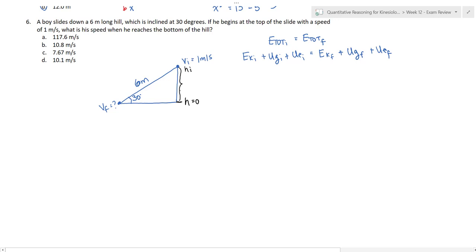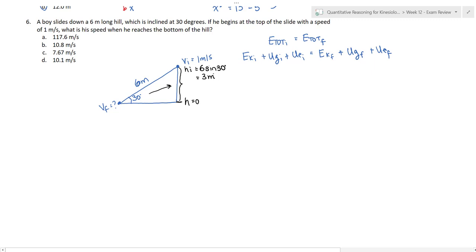The hypotenuse is 6, and we know an angle that's 30. So we're looking for this height over here. This height is the opposite side of 30. So when you're looking for the opposite side, you use sine. So it would be 6 sine 30. Hypotenuse sine 30. And if I type that up, 6 sine 30, I get 3. So my initial height is 3 meters.